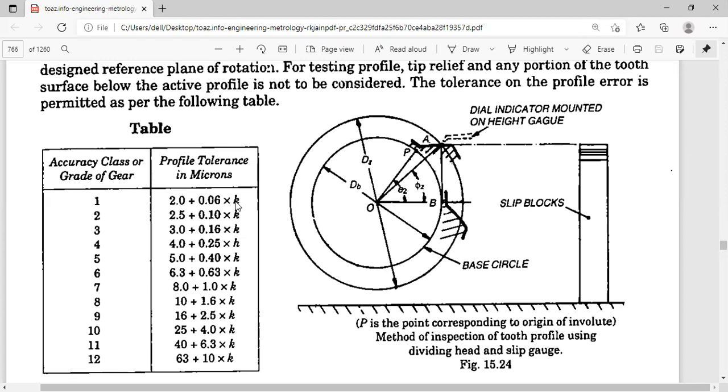You can see in the laboratory, you'll be having some 10x or 20x magnifications, and the gear profile you have manufactured is projected on the screen.